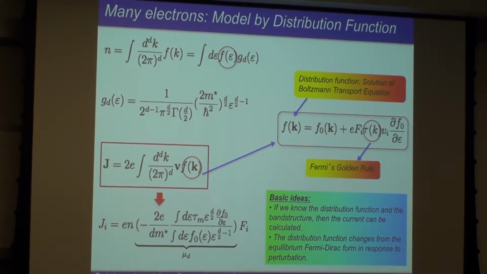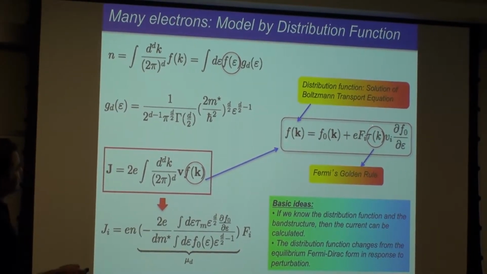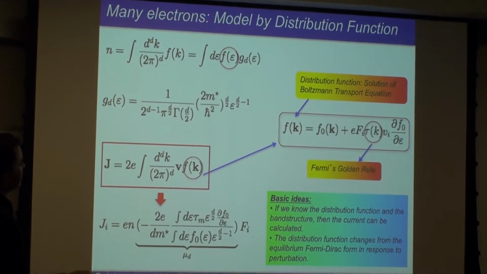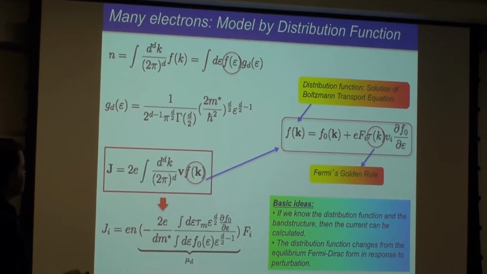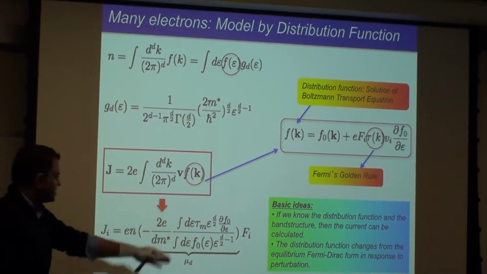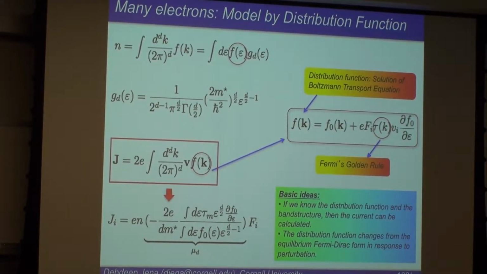You are also solving a part of this in your current assignment problems. I've written it all over again here, and this is the distribution function that goes into the generalized expression we derived for the current, right?